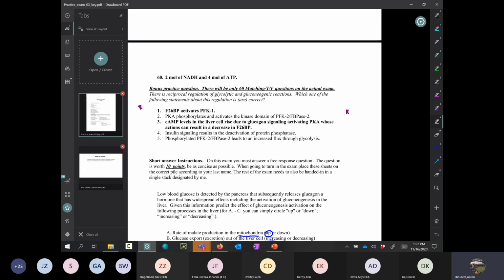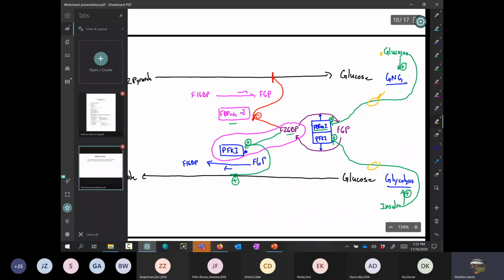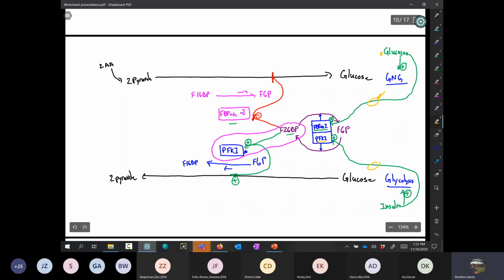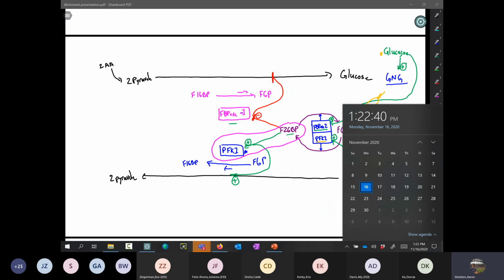That question is related to this. Just a second, I have to remind myself of this. What is the question? PKA phosphorylates and activates the kinase domain. So glucagon signaling leads to the activation of this PKA, and PKA is going to phosphorylate this, but it doesn't activate the kinase domain. This PFK2 is what's called the kinase domain, and FBPase2 is called the phosphatase domain.